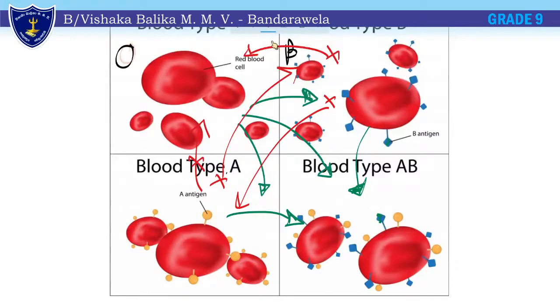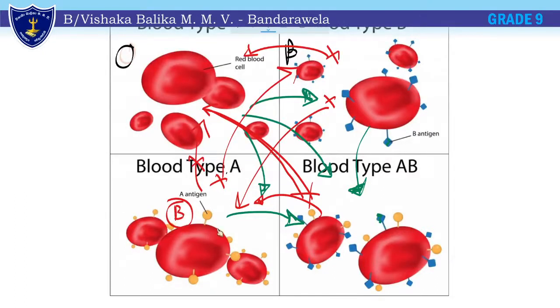What about giving AB to others? AB to O, never. Can't give. Why is that? AB has both antigens. AB to A is also impossible, because A has no B antigen.